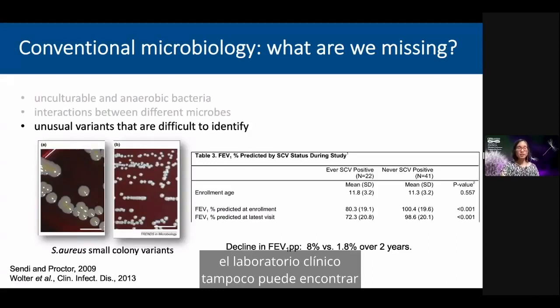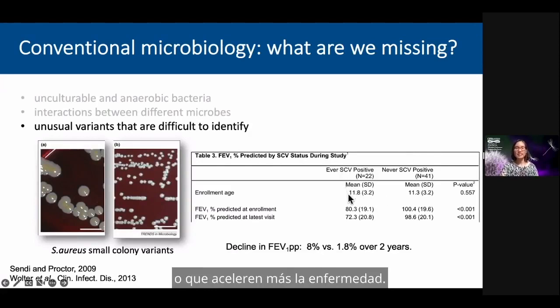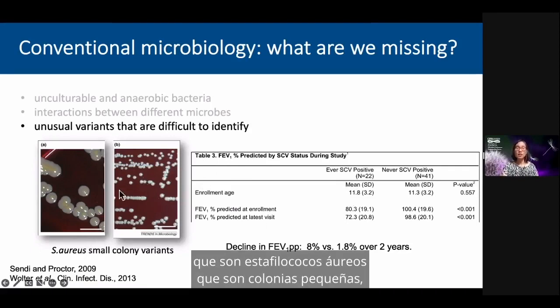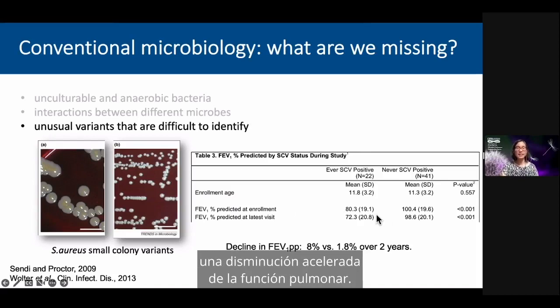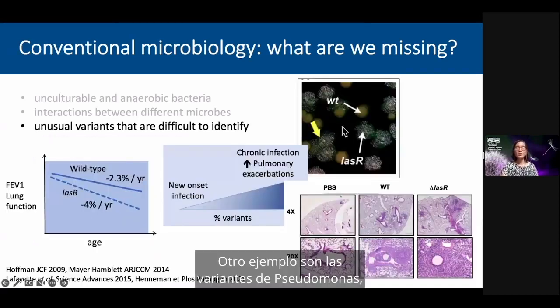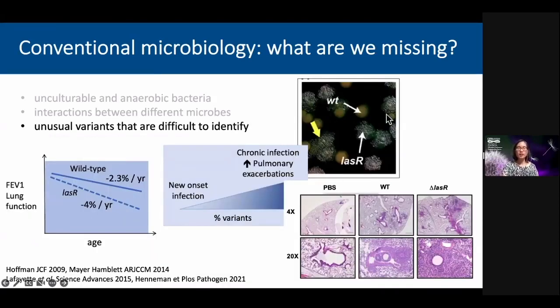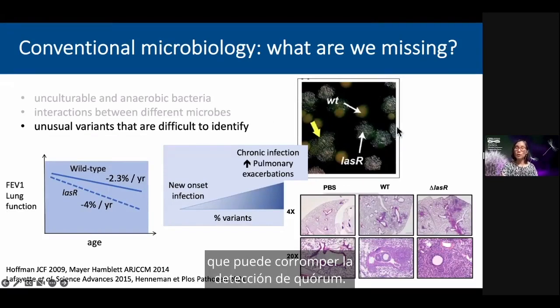The clinical lab is also typically not able to find unusual variants that may be more inflammatory or more disease accelerating. An example colleagues have been looking at are Staph aureus that are small colony, they grow really slowly, and in research studies seem to be causing an accelerated lung function decline. Another example are Pseudomonas variants, some genetic variants in a very important regulator called quorum sensing.